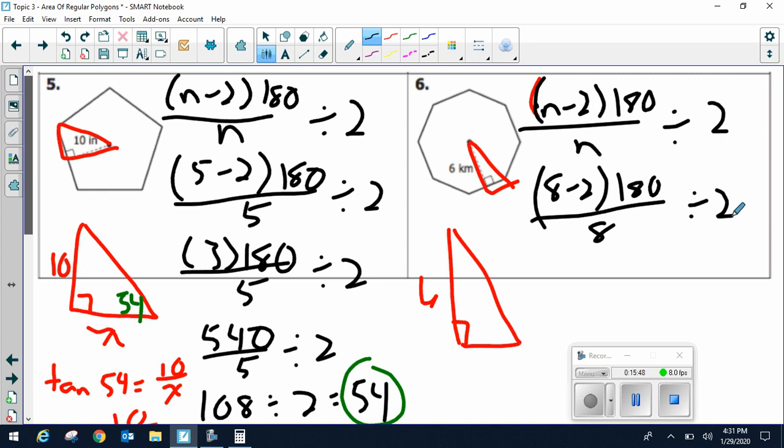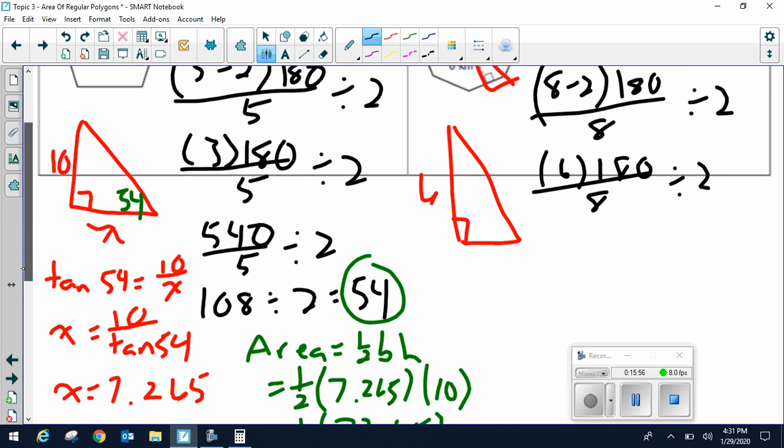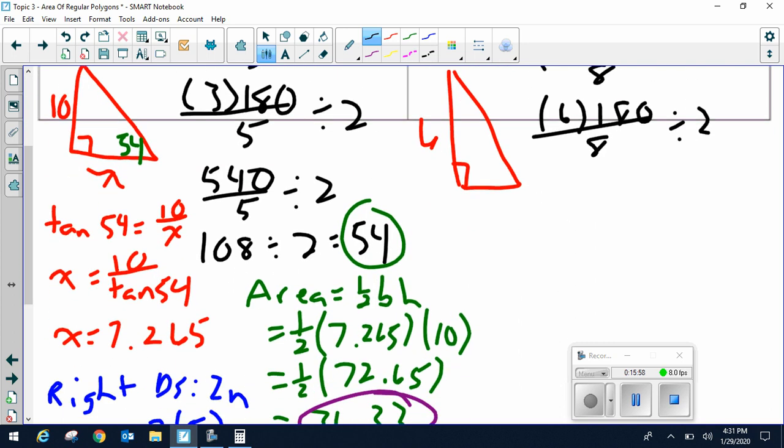Okay, so 8 minus 2 is 6. So 6 times 180 gives you 1080. Divide that by 8. You get 135. And then you divide that by 2.